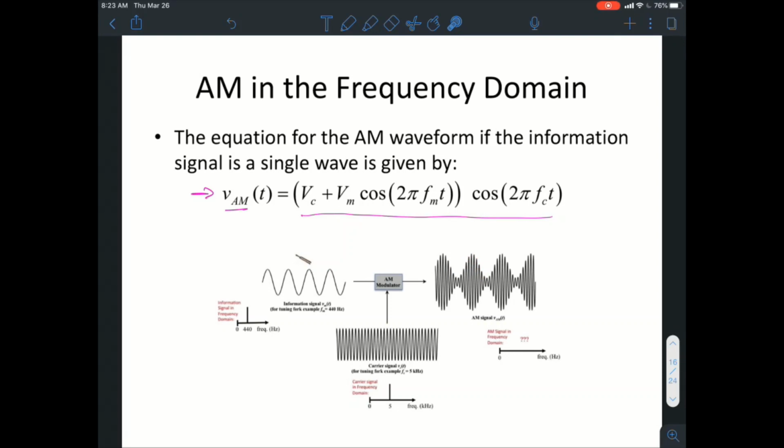And then if you think back to chapter 19, where we talked about the frequency domain, we end up with a plot that would look like that for our information signal and like this for our carrier signal. The question becomes, what does that amplitude modulated wave look like in the frequency domain? How do we put those together to get that information?